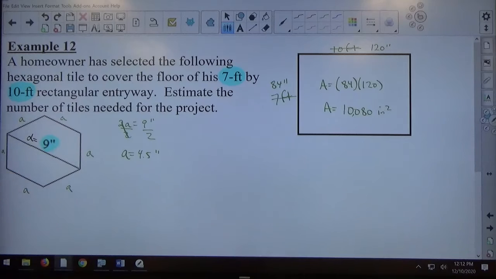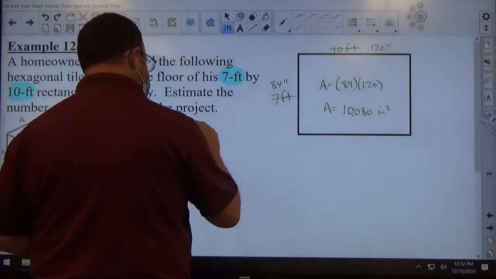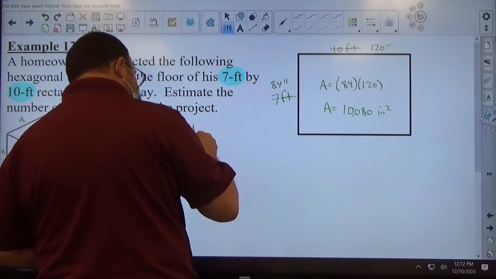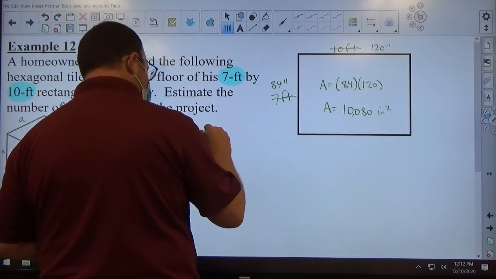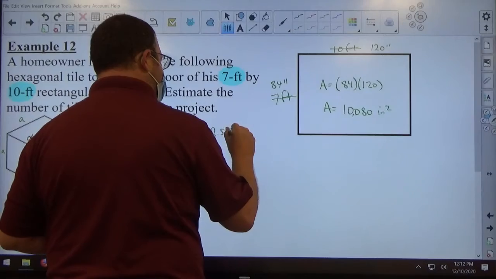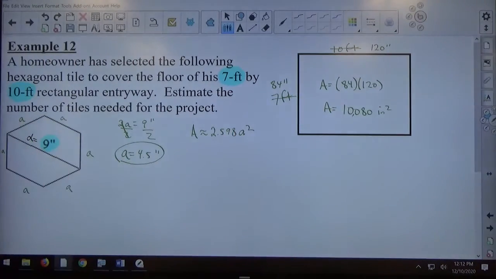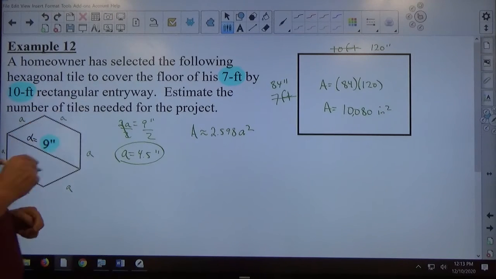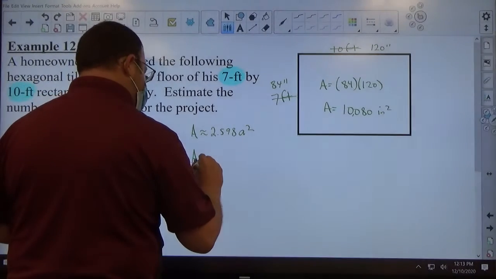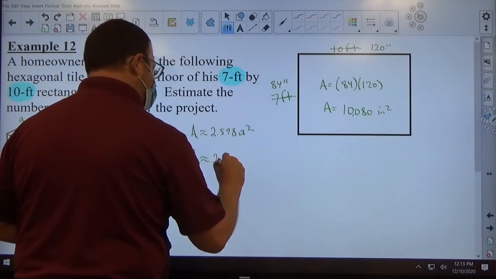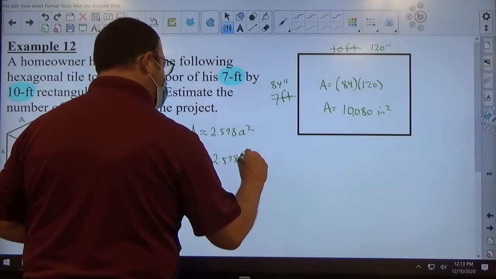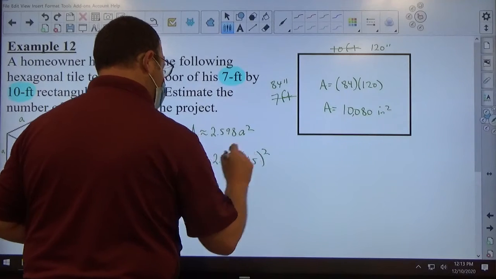And going back a couple examples on your sheet there, the formula for the area of a regular hexagon is approximately 2.598 times A squared, and A is equal to 4.5 inches, right? So now I'm just going to substitute 4.5 inches in for little a. So capital A, the area is equal to 2.598 times 4.5 squared.